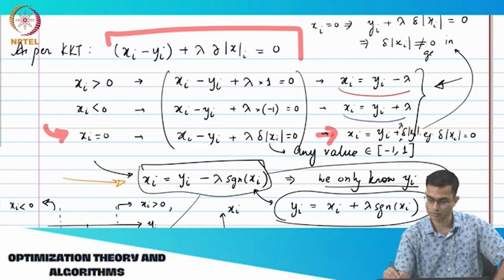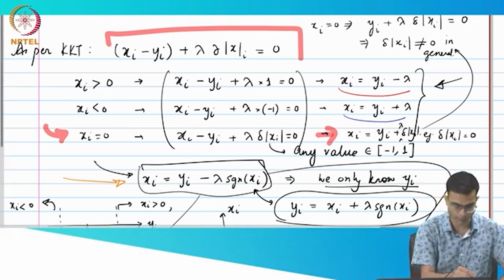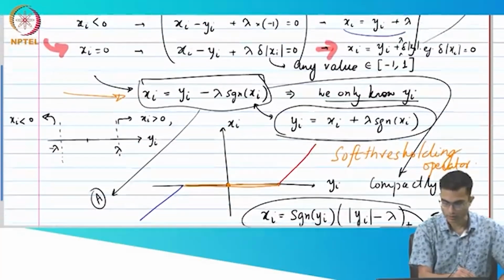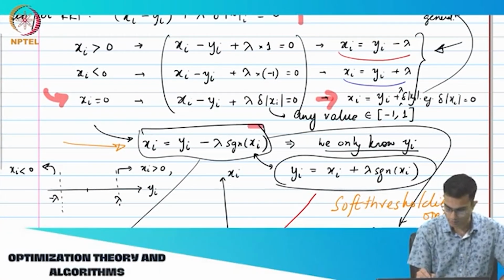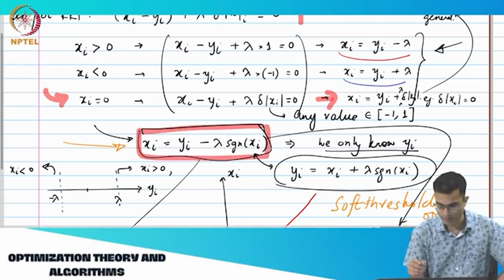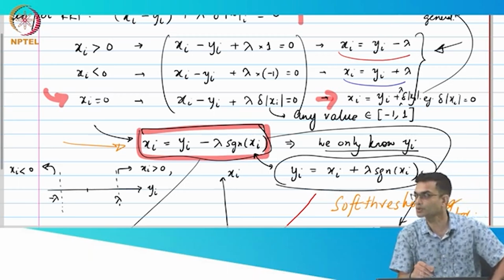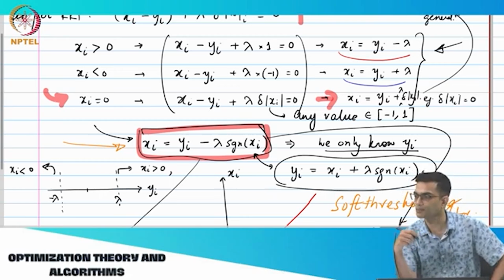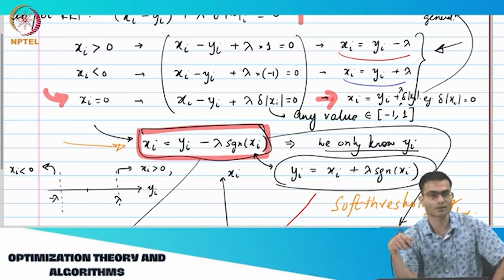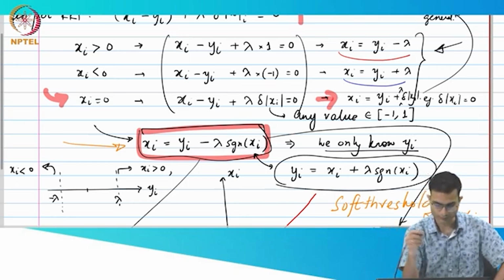That's what we have to keep in mind. When I wrote this in compact fashion, if you look at it more carefully, this use of signum x is the updated definition of signum. Then it makes perfect sense, because when I substitute xi equal to 0, signum xi is not 0. It is the subdifferential, whatever it is.